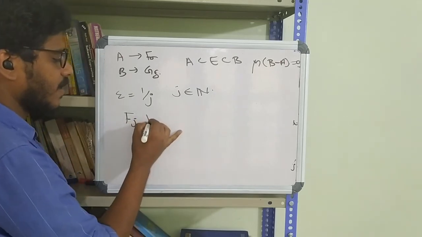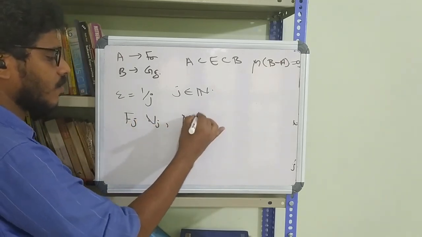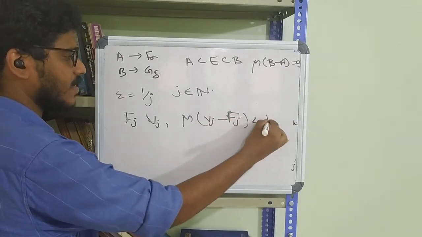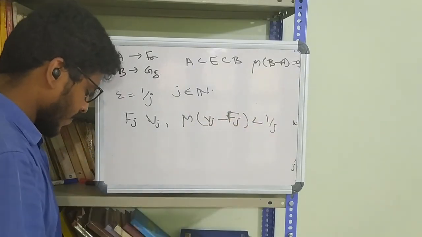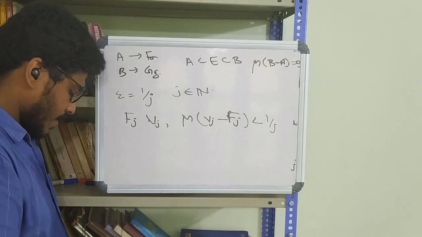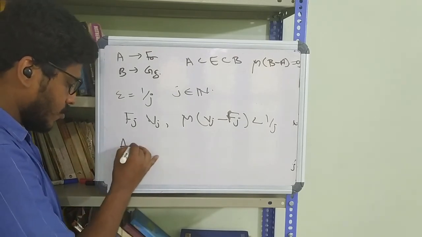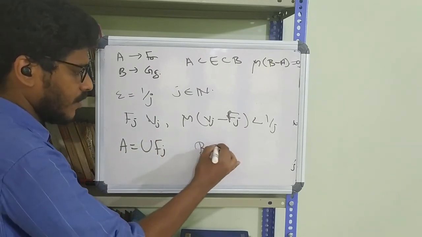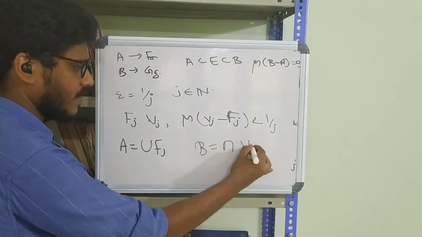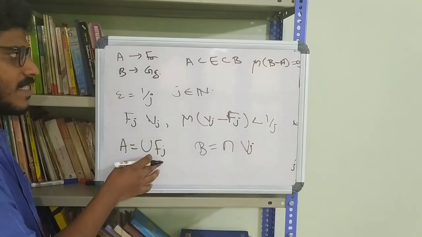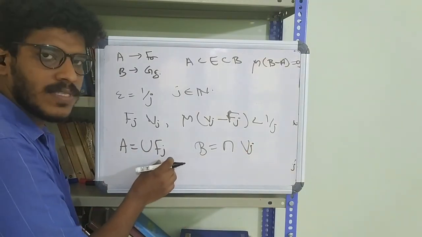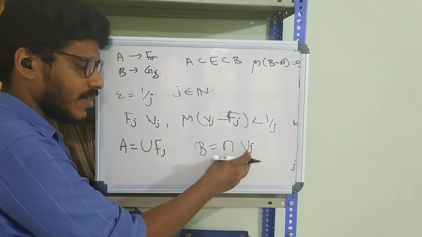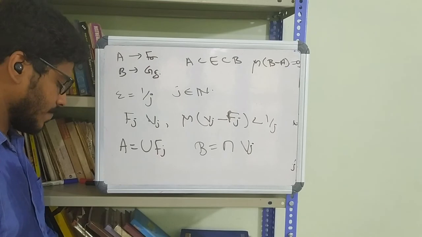So we can find Fj's and Vj's such that measure of Vj minus Fj is less than 1 by J. Right. Now choose A to be the union of Fj's and B to be the intersection of Vj's. Then obviously A is an F sigma, since A is a union of closed sets, and B is obviously G delta, since B is an intersection of open sets.